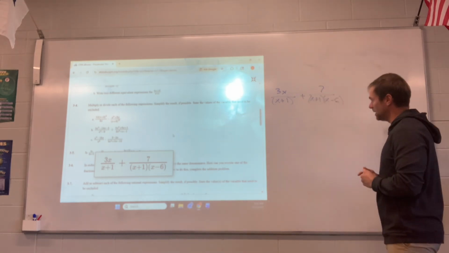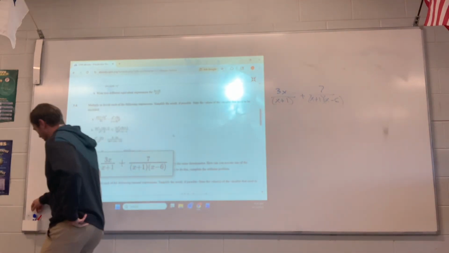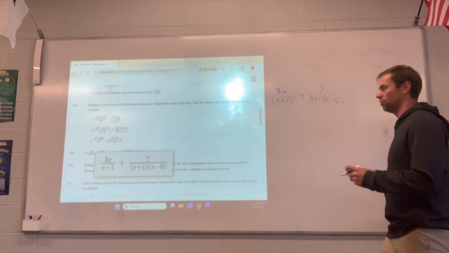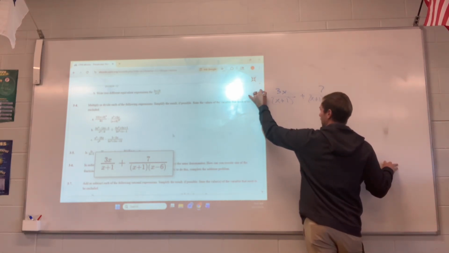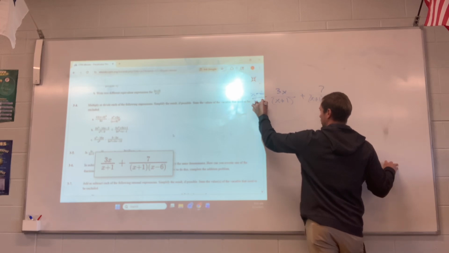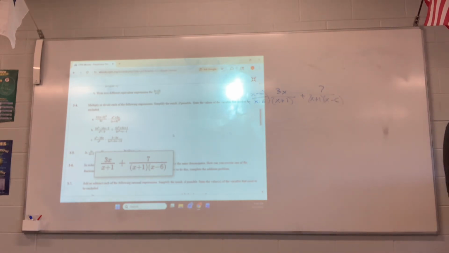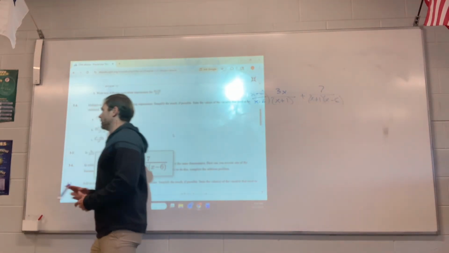What is needed for the denominators to be the same? Well, coach, they both have x plus 1. Yes, absolutely. So my left fraction needs x minus 6, so I'm going to multiply by (x - 6) over (x - 6), which is a value of 1, so we don't change the value of the fraction.